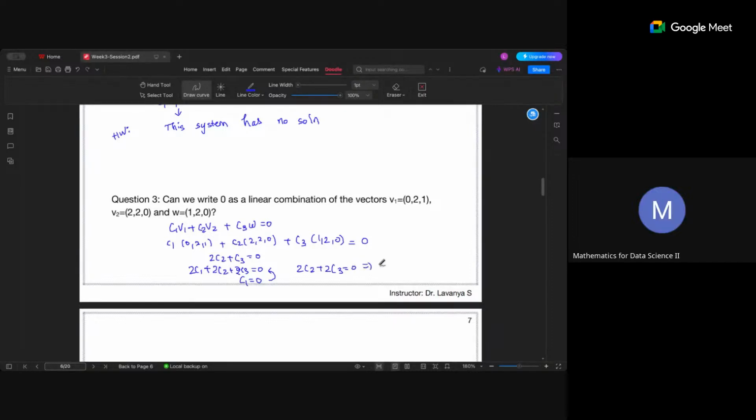Right? Now, can I write it in this way? I'm just splitting it into C3 plus C3. Oh, I have to split C3, not C2. Sorry.